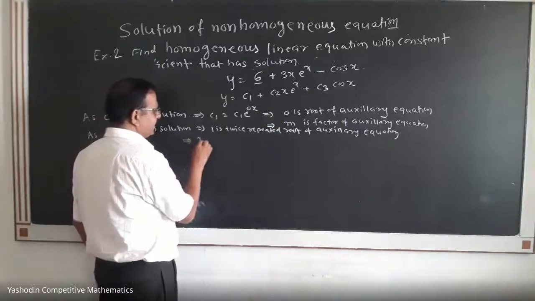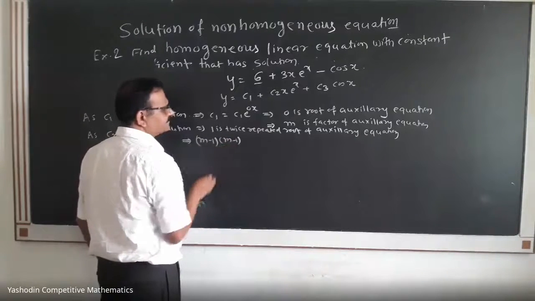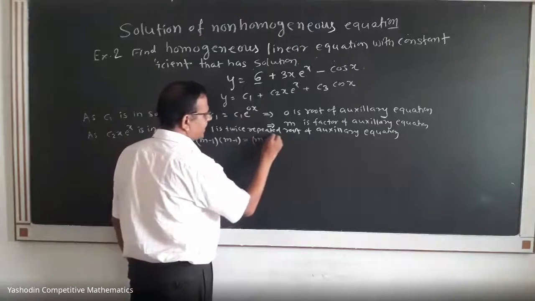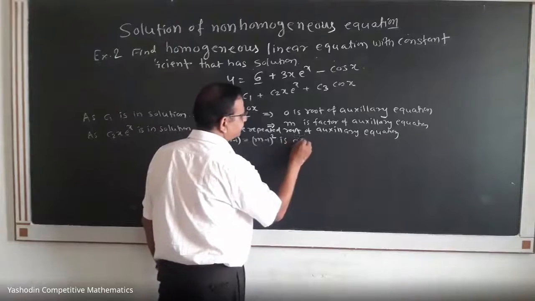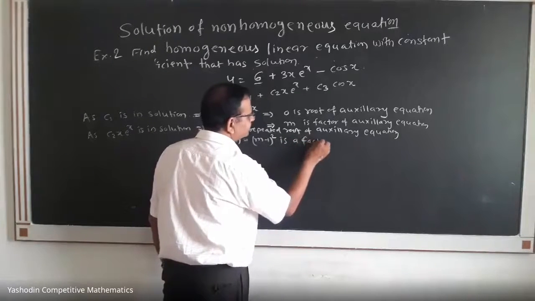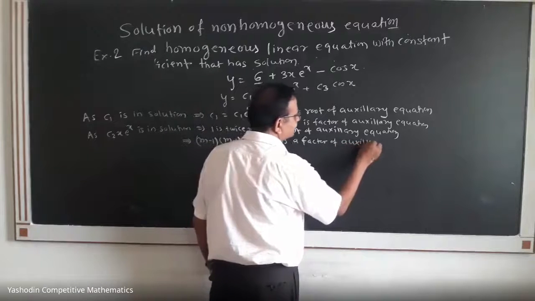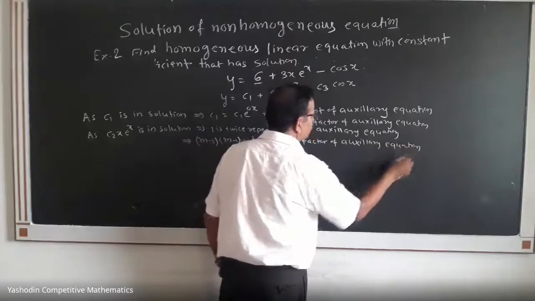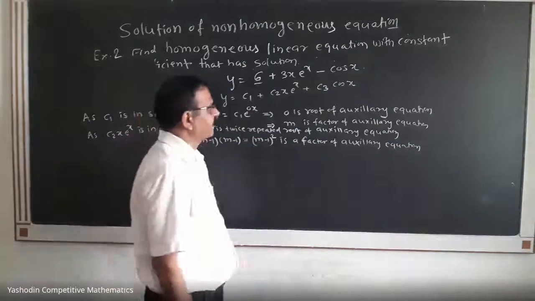This implies that m minus 1 and m minus 1, that is nothing but (m minus 1) square, is a factor of the auxiliary equation. Thus, we got 2 factors. First factor is m, second factor is (m minus 1) square.